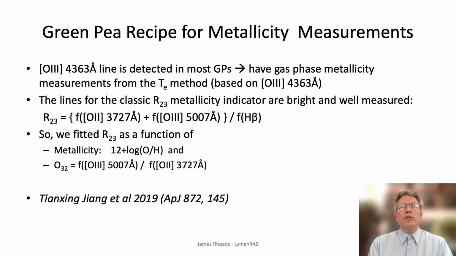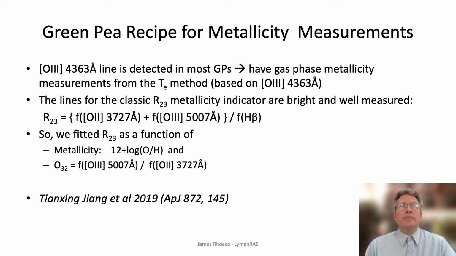The reason we don't use the 4363 line for all of our gas phase metallicities in astrophysics is basically that it's too weak to see in fainter and more distant objects. And what we often fall back on instead is the R23 metallicity indicator, a classic that's based on the ratio of the 3727 and 5007 lines combined to the H beta line.